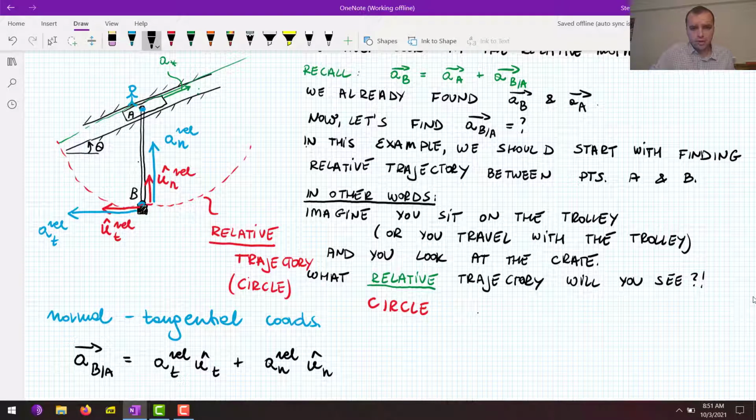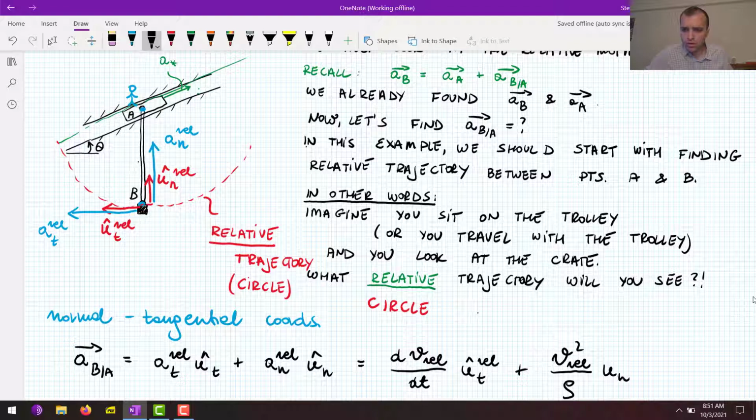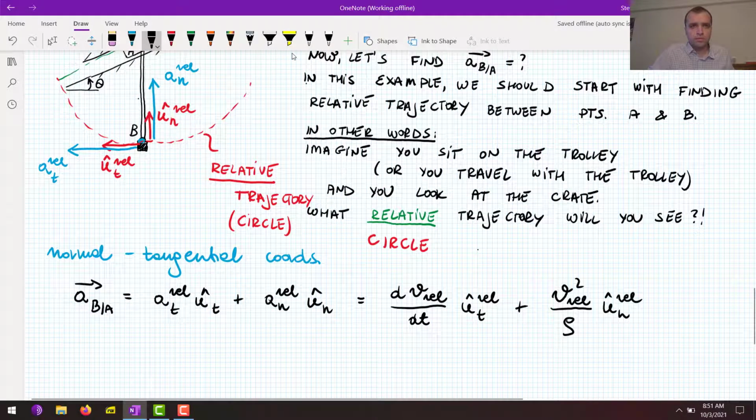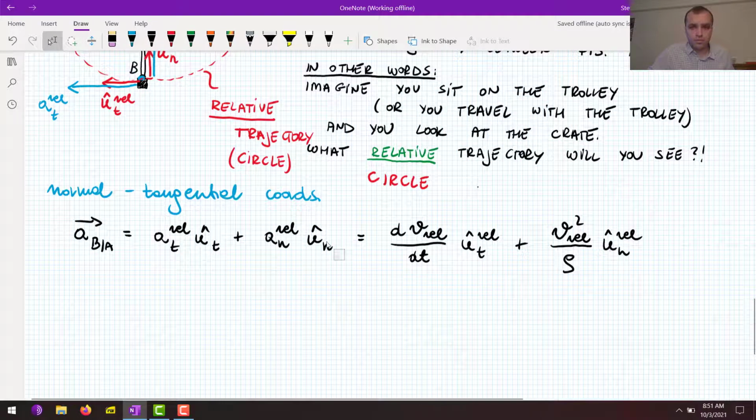And I bet you guys remember that the expressions for our a_t and a_n are the following: dv relative over dt u_t relative plus v relative squared divided by rho u_n relative.